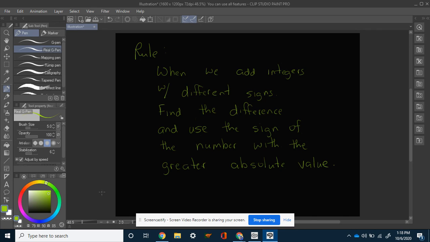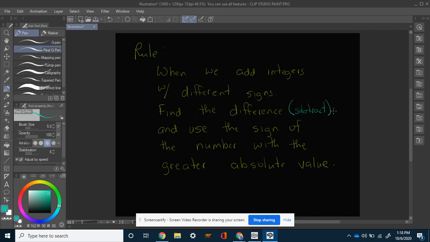What does that mean? What does it mean to find the difference? It means to subtract. Subtract. And then use the sign of the number with the greater absolute value. If you can do that, you're going to find the answer every time.